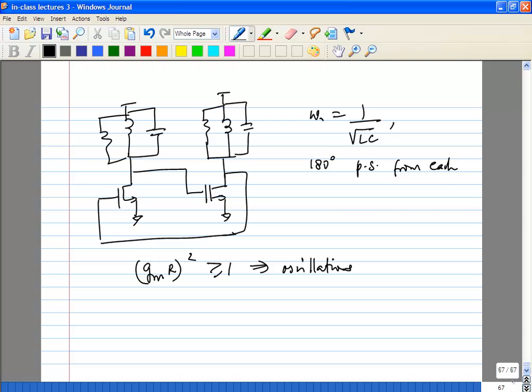The magnitude portion, Gm Rp whole squared, should be greater than or equal to 1. The greater than comes from startup conditions, and the equal to 1 comes from your basic condition for oscillation.